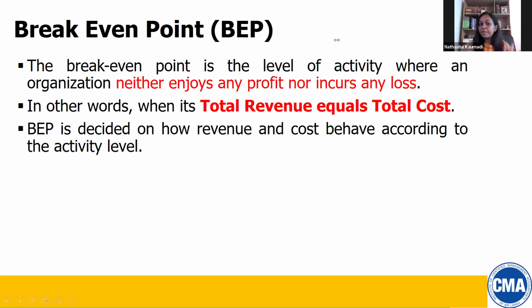At the break-even point, TR equals TC, we know that. In addition to that, total contribution equals total fixed cost. Very correct.